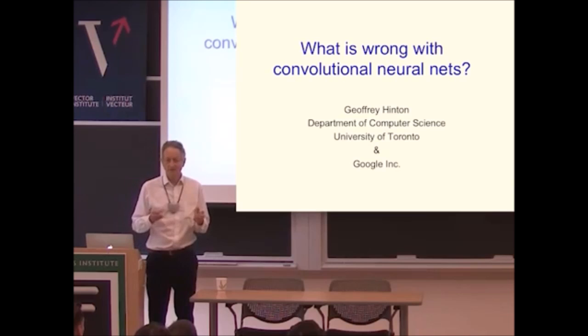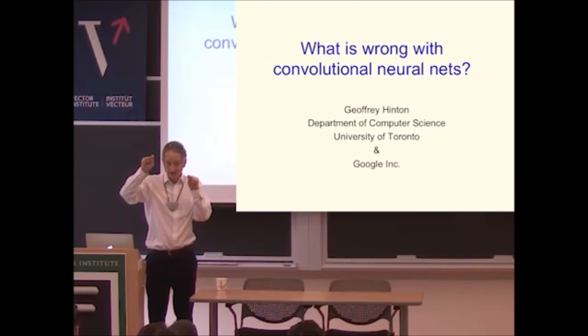For 30 years, people tried making neural networks work with a sigmoid unit. Now, some brave people said, let's not use a sigmoid unit. Yann LeCun said, let's shift everything down a bit, multiply by a factor of 2, and use a tanh unit. And there was a big debate about whether you should use a sigmoid or a tanh, because tanh is better if you've got ill-conditioned problems and things.